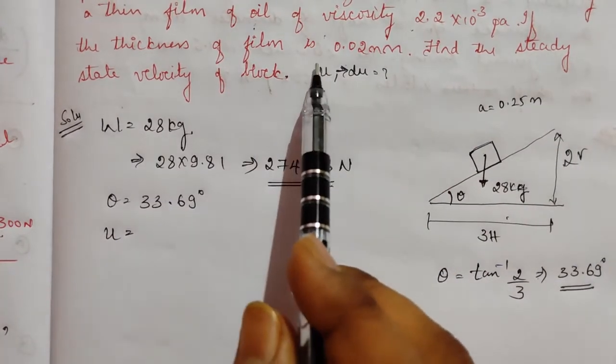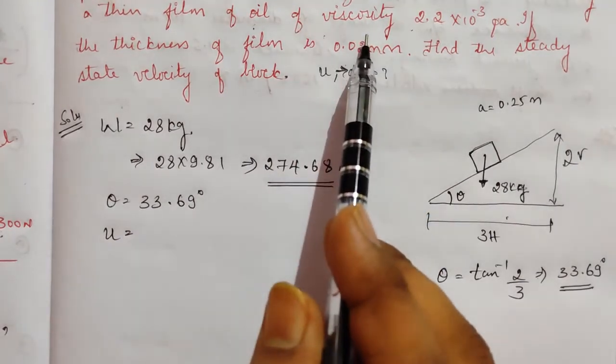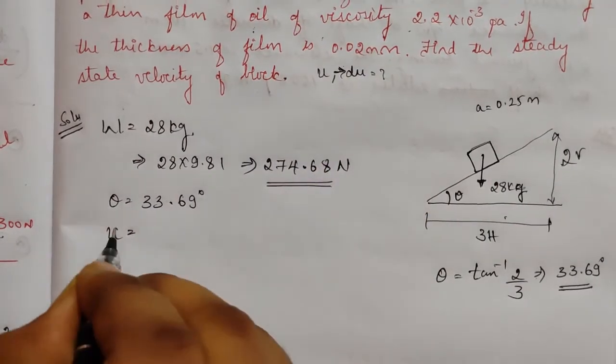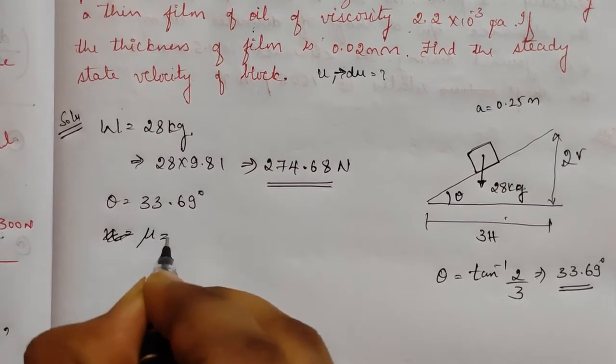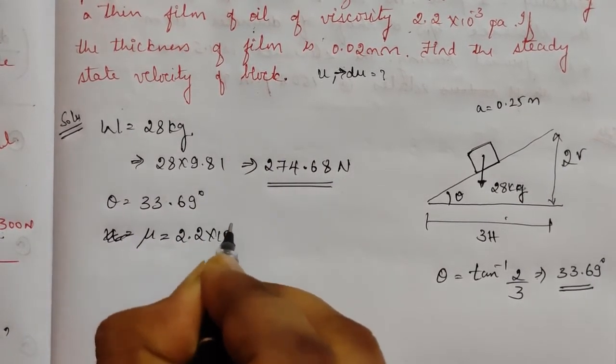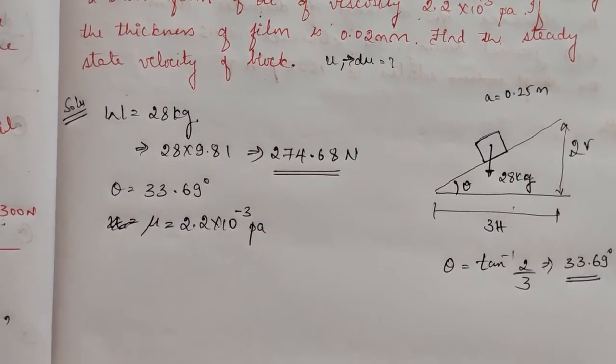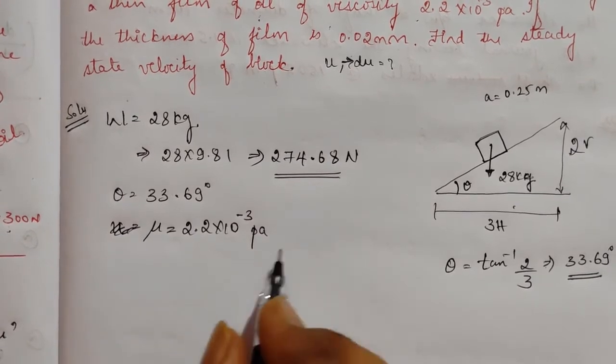Then the thickness of the film is given, and the velocity we have to find, right? The viscosity of the oil is given. How much is it? 2.2 into 10 power minus 3 Pascal. Okay, they have directly given it in Pascal. Fine, no problem.